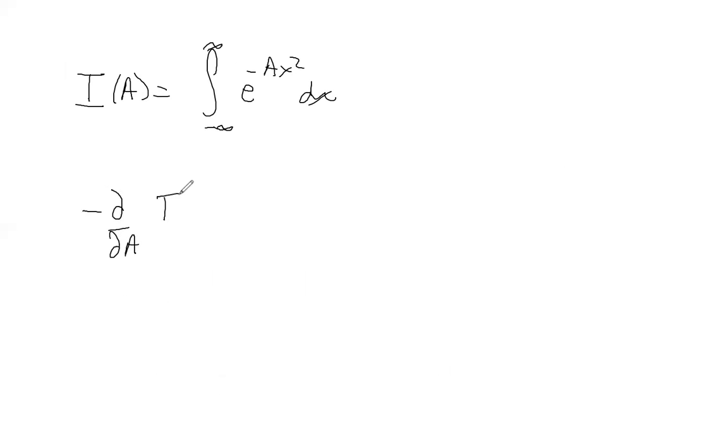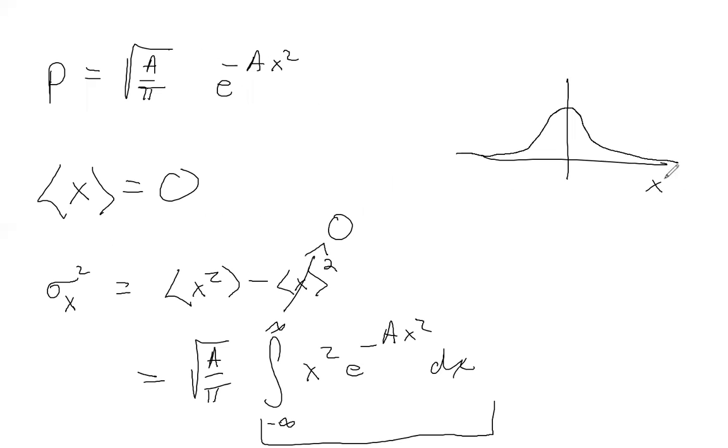And I see that if I define an integral called I, a function of a, which is the integral of e to the minus a x squared dx from minus infinity to infinity, then if I were to take minus d by da acting on I of a, that would simply give me x squared e to the minus a x squared. Yes, the integral's hard, but that's just a nice smooth function.